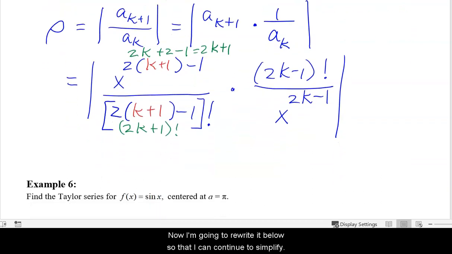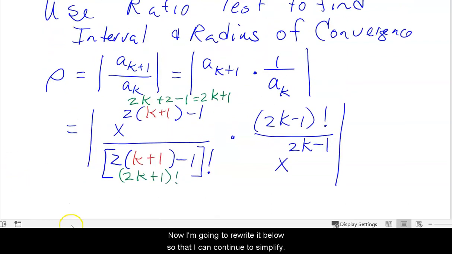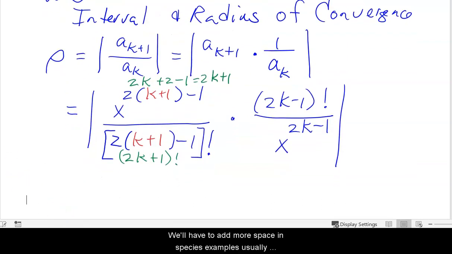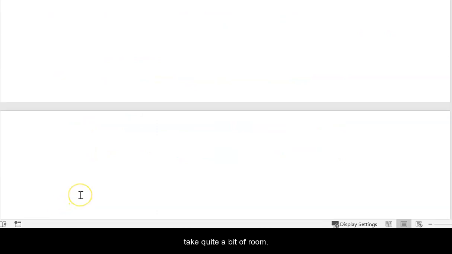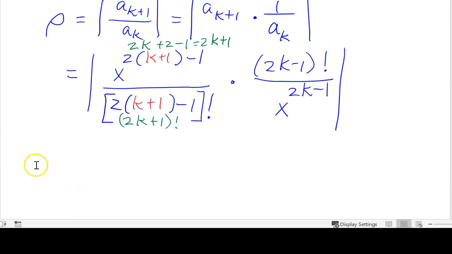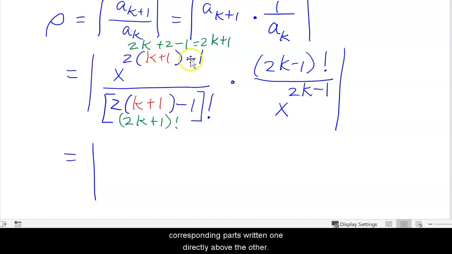Now I'm going to rewrite it below so that I can continue to simplify it. We'll have to add more space since these examples usually take quite a bit of room. In the next line, we need to clean up the algebra a little bit. One of the things that will simplify it is to get the corresponding parts written one directly above the other.